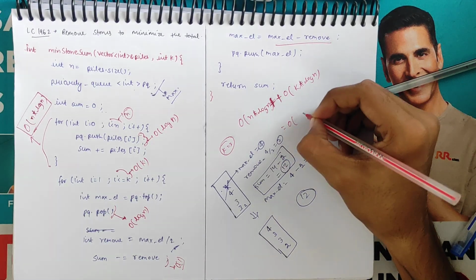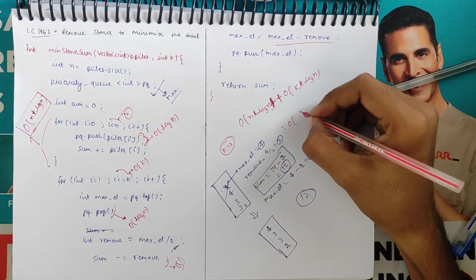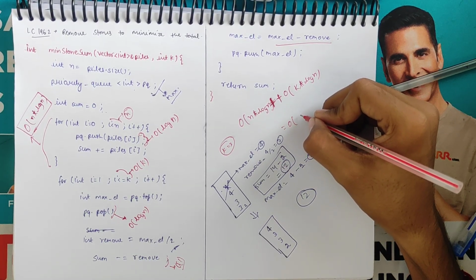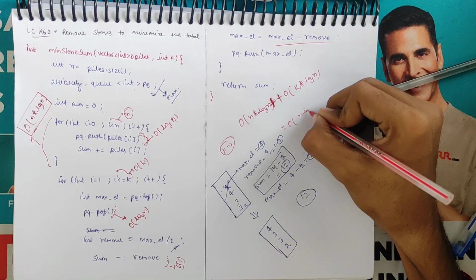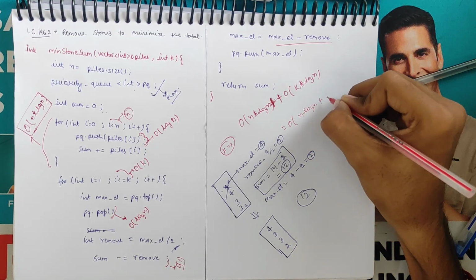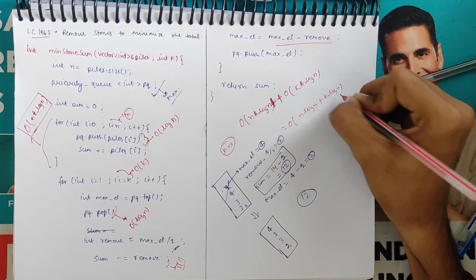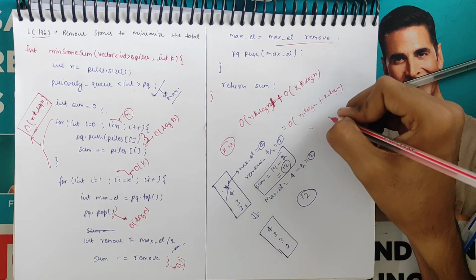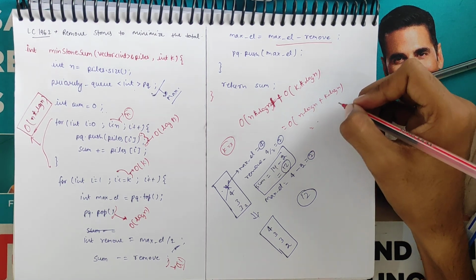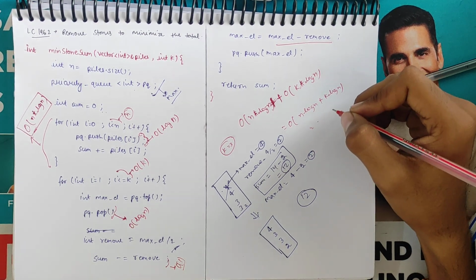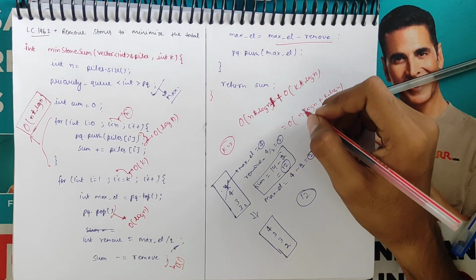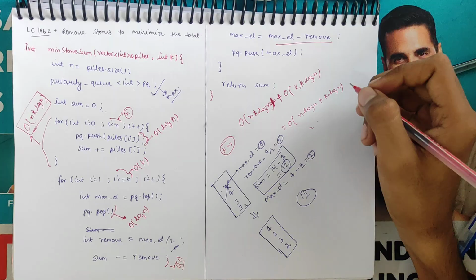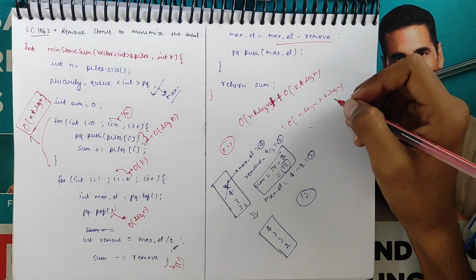So the overall time complexity of this problem is n log n plus k log n. I think I'm missing something. The time complexity of this problem is n log n plus k log n.